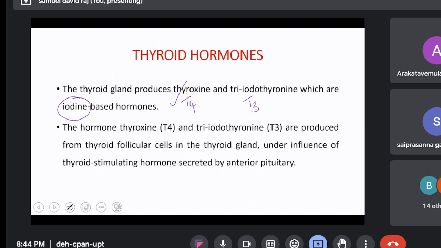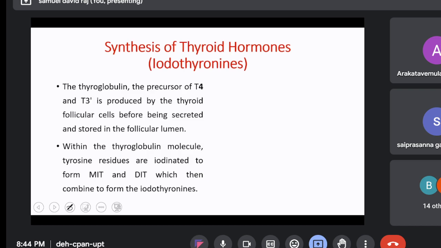So let us see how these are synthesized. T4 and T3 are produced from thyroid follicular cells under the influence of thyroid stimulating hormone. Thyroglobulin is called the precursor of these hormones because without thyroglobulin, without the tyrosine residues, iodine cannot be added.